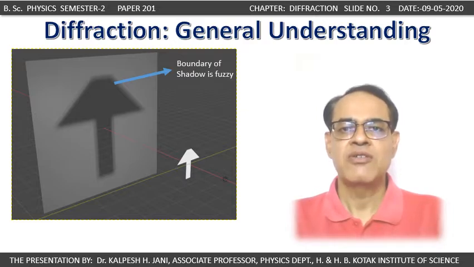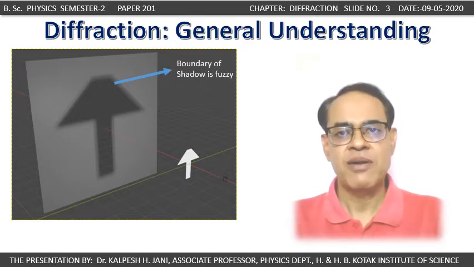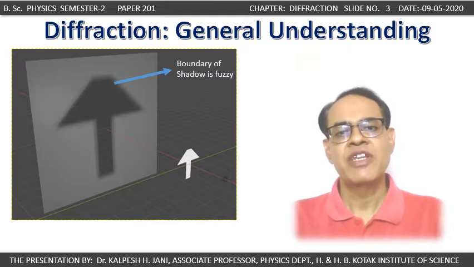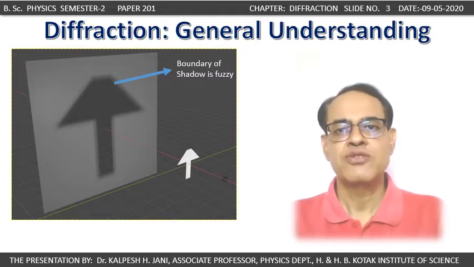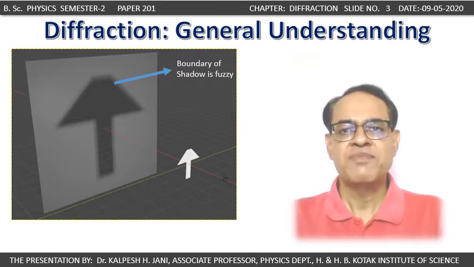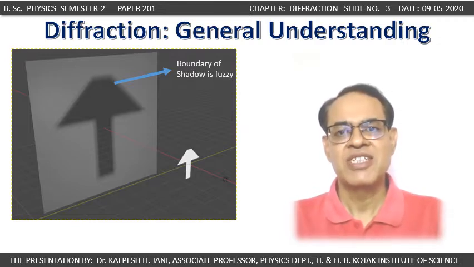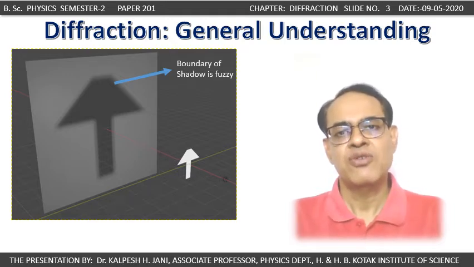So the edge or the boundary of the shadow should be very sharp, but here we get a very fuzzy boundary. So why is it so? In our everyday experience also, you will find that the shadows of so many objects are fuzzy actually. So why is it so?